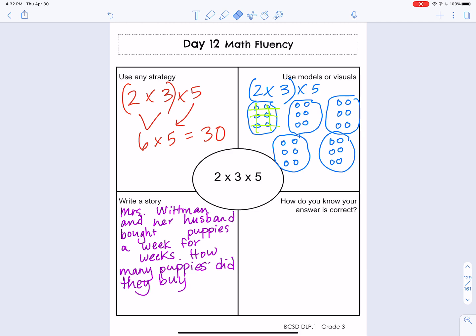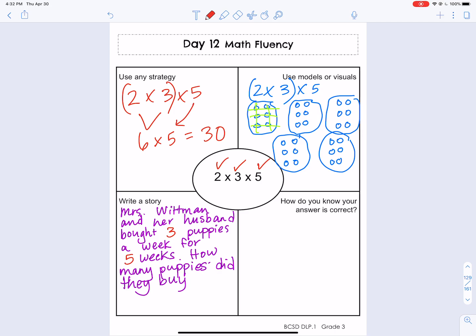The 2 is myself and my husband, 2 people, right? So let me put in a 3 for the puppies. Let me do that in another color so you can see how I changed it. So I've got a 2, I've got a 3, and I need to put a 5 in there. There we go. Yeah, I need to make sure I use the numbers that they give me. Okay, we're back on track now.